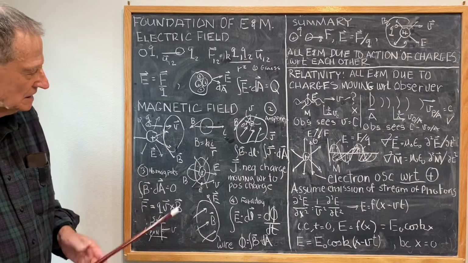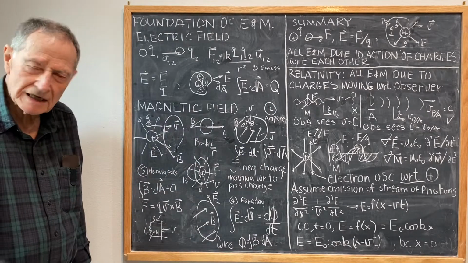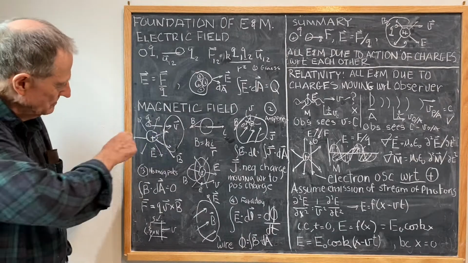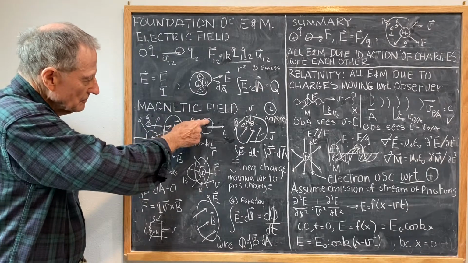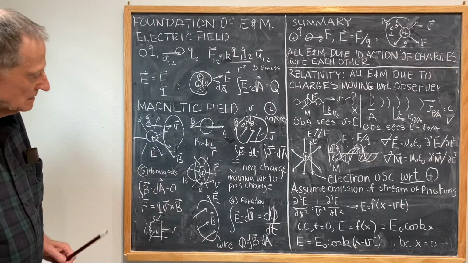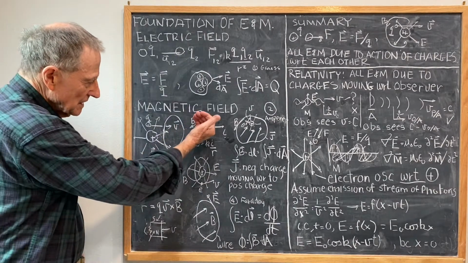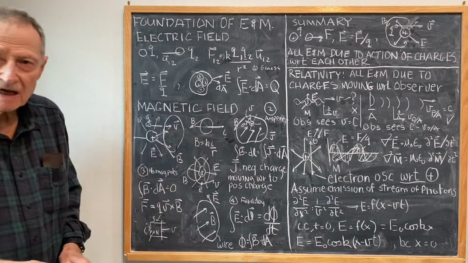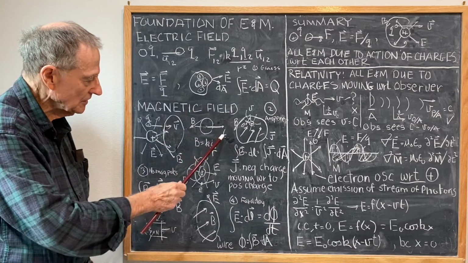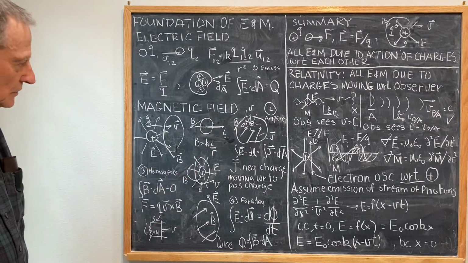In that case, all of these little magnetic field generators create a finite magnetic field B, and the right-hand rule gives the direction of B, and you can calculate B. B is calculated as a constant times the current divided by the radius.